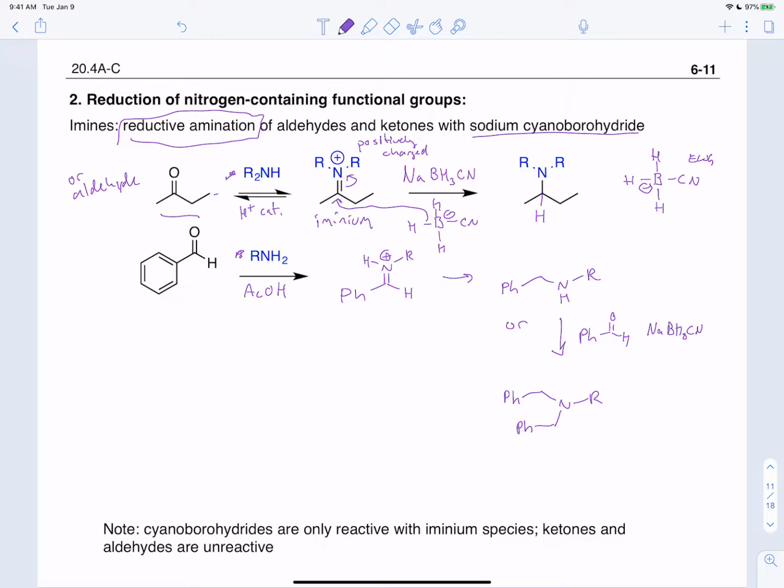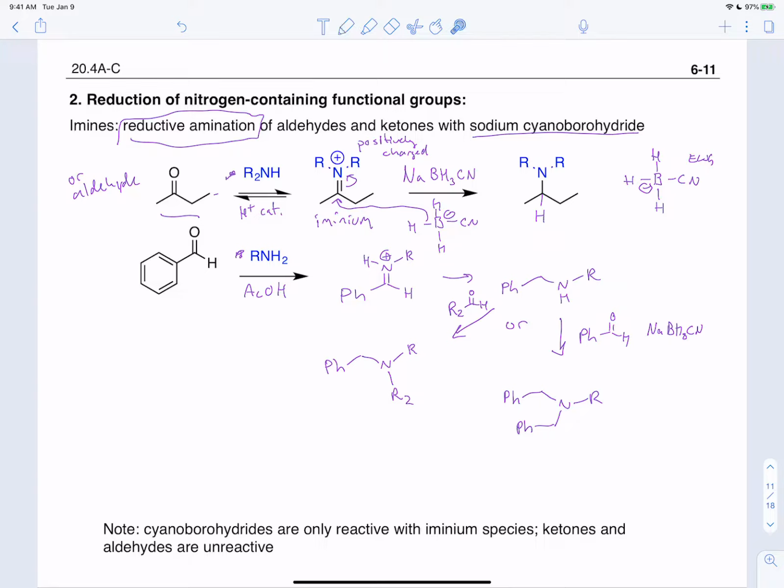Or we could bring in a completely different type of aldehyde. We could call this R2 aldehyde in a separate step, and we'd be able to control all three substituents on this amine.